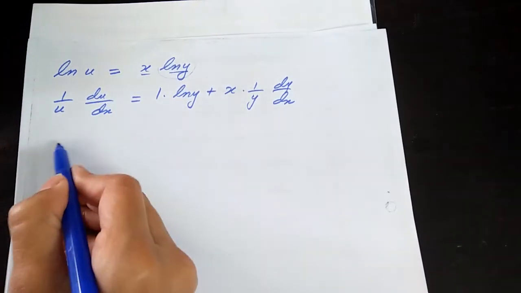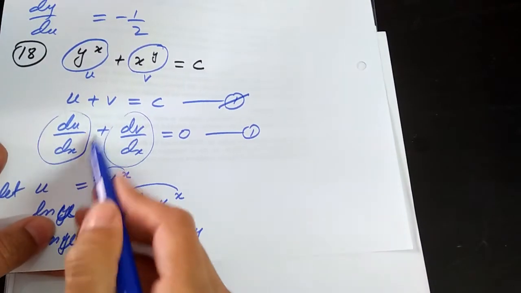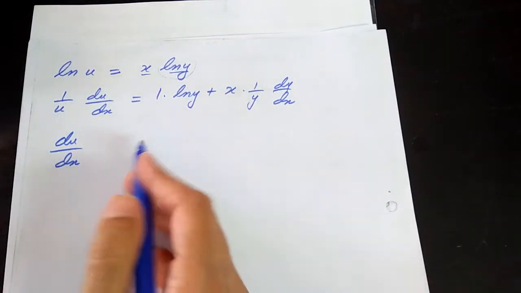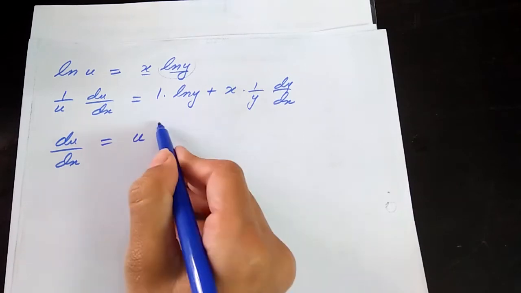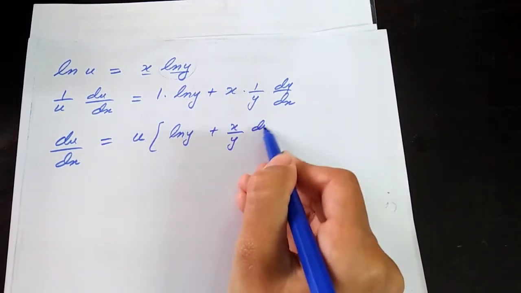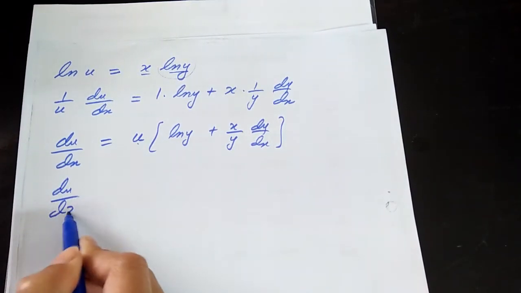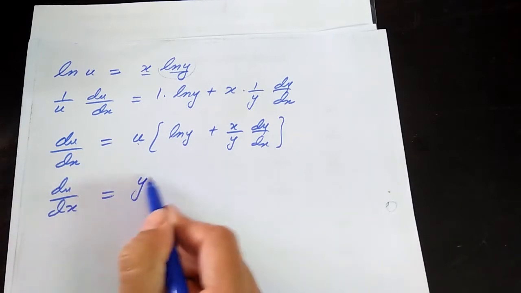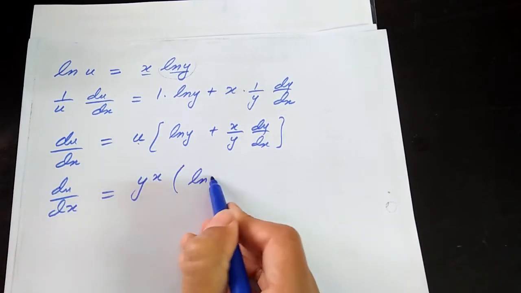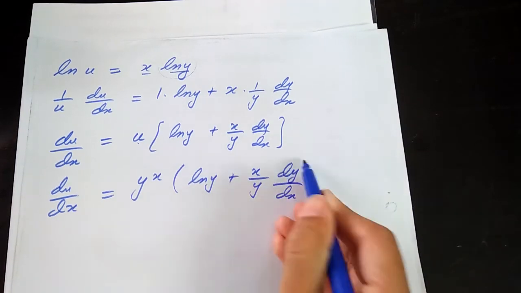For equation number 1 we need du by dx, so separate du by dx from here. This will become u times ln of y plus x over y dy by dx. What was our u? du by dx equals y raised to power x into ln of y plus x over y dy by dx.